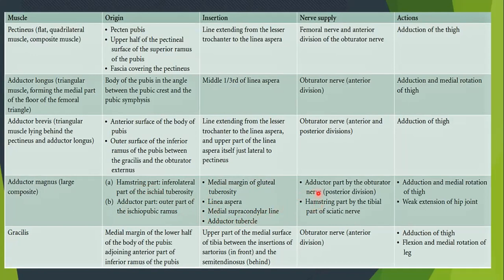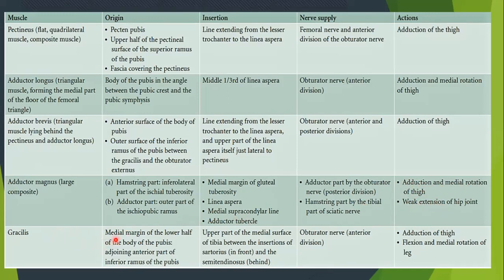The adductor part is innervated by the posterior division of the obturator nerve, whereas the hamstring part is innervated by the tibial component of the sciatic nerve. The function of the adductor part is adduction and medial rotation of the thigh, whereas the hamstring part is a weak extensor of the hip joint.